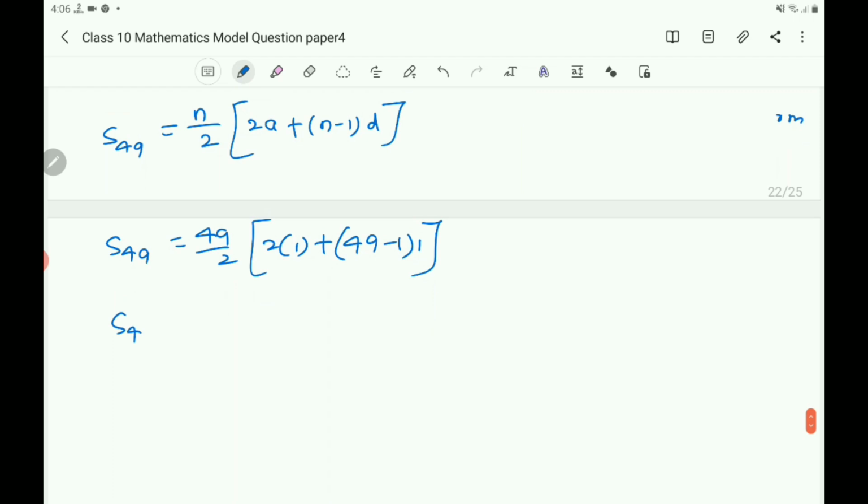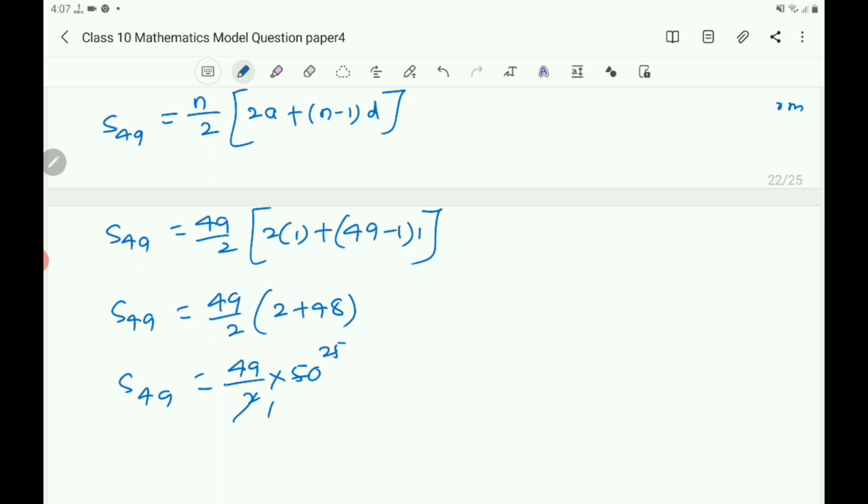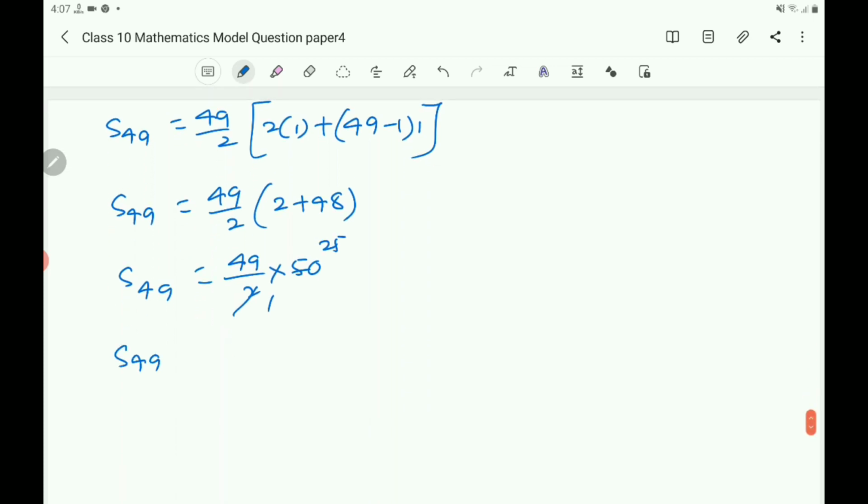So you got S49 equals 49 by 2 into 2 plus 48, so S49 equals 49 by 2 into 50. 2 ones are 2, 25s are 25. That is S49 equals 49 into 25.